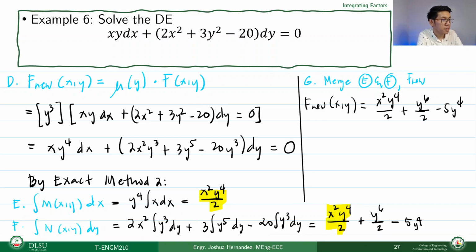So finally, forming our general solution, we're gonna have, of course, F new equals c.